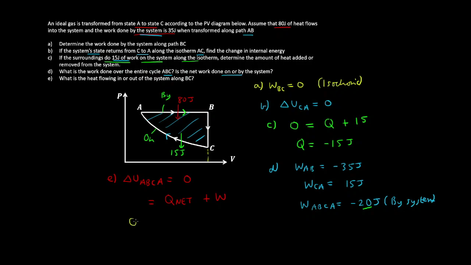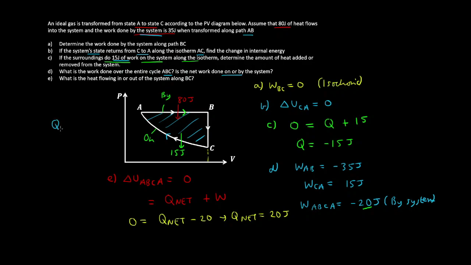So what we get is 0 is equal to Q net, and we had the work done by the system according to D, which implies Q net is positive 20 joules. So the system gained 20 joules of heat.